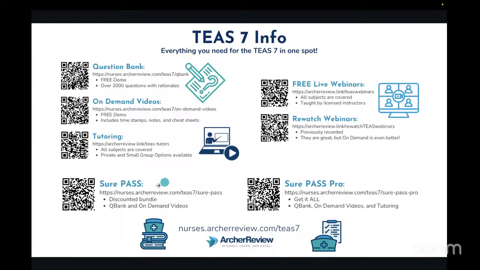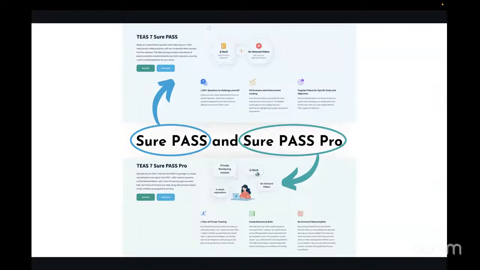Now, these bottom 2 QR codes are going to give you access to 2 different packages that we offer at Archer Review. And I'm actually going to toggle my slides here so you can see the difference between the 2. So the Sure Pass option gives you access to QBank and on-demand videos. So this is beyond that 24-hour free demo period. You want to keep at that beyond the 24 hours, go ahead and sign up for Sure Pass.